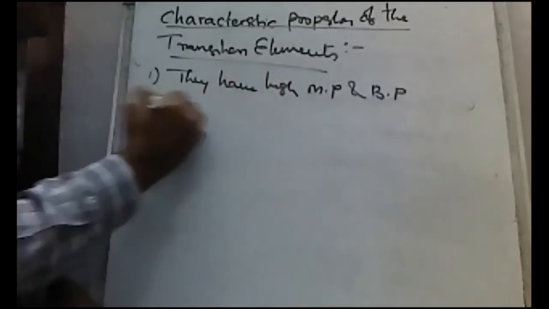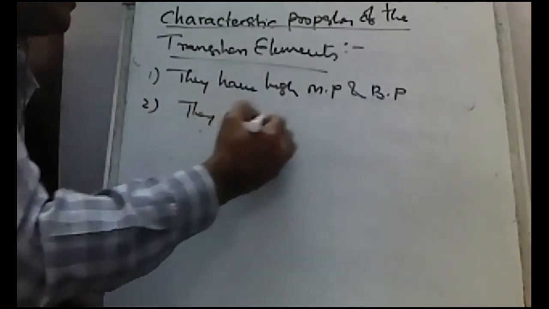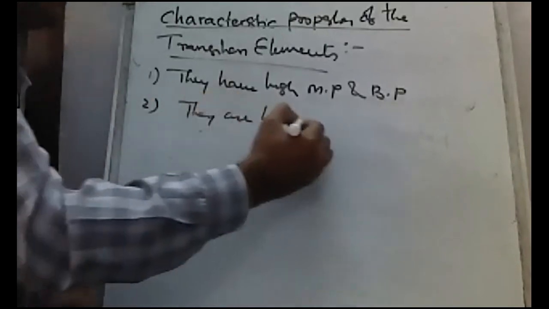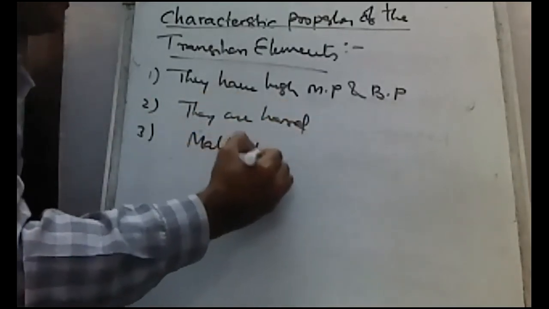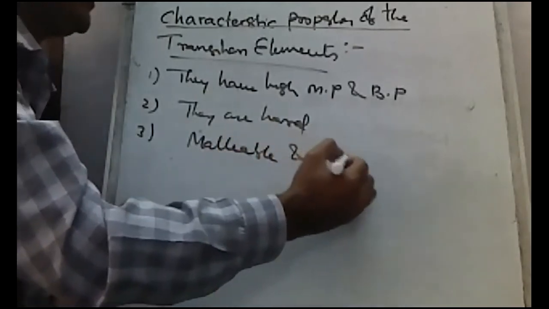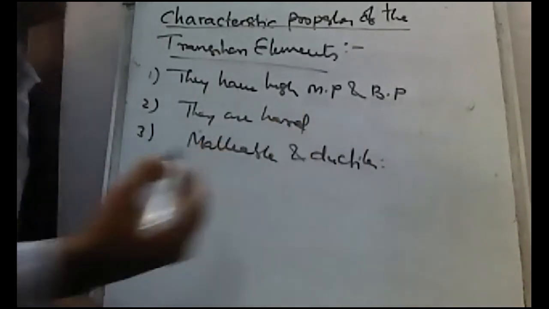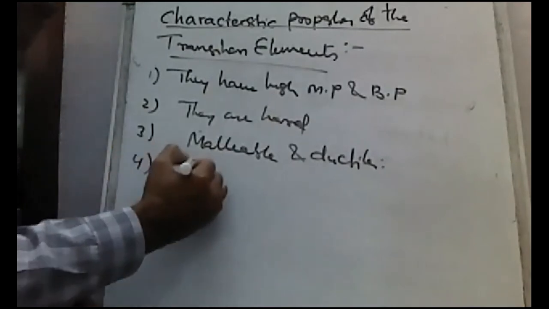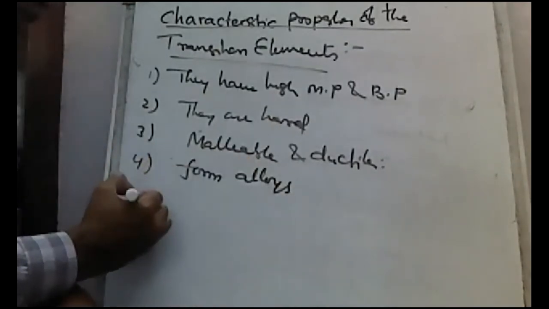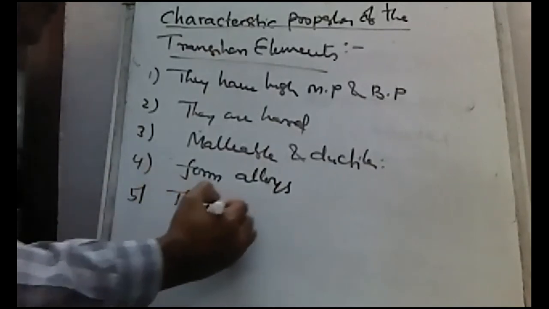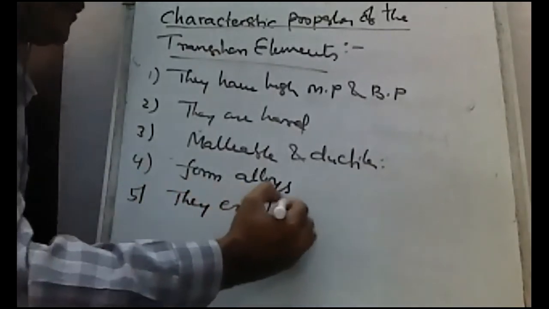They are very hard, and they are malleable and ductile, which means they can be drawn into sheets and wires. They form alloys. They exhibit color.